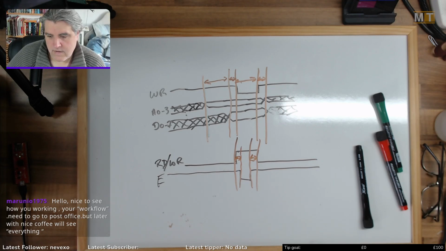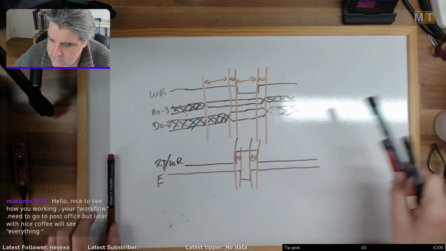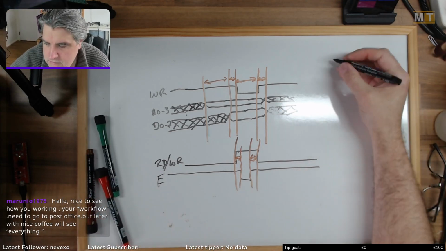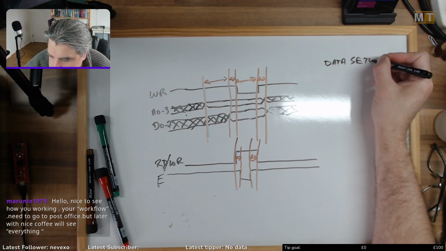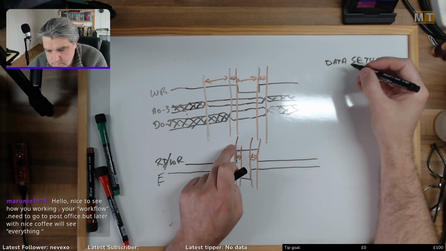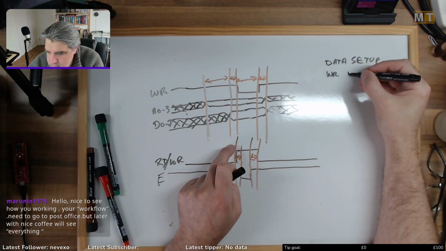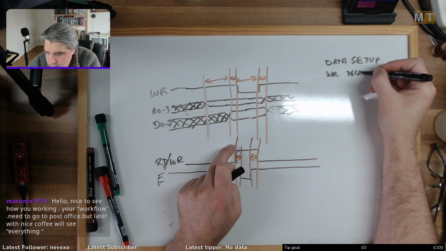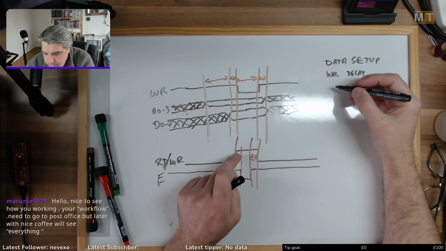So what numbers do we want? Well, we want data setup. I think we want data setup. We want write delay.